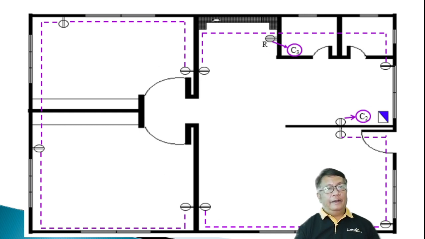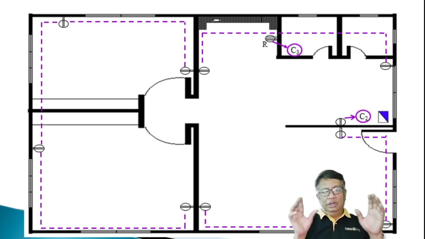Most of the time, electrical engineers will just combine the lighting, the convenience duplex, simplex, or special outlets in one floor plan only.